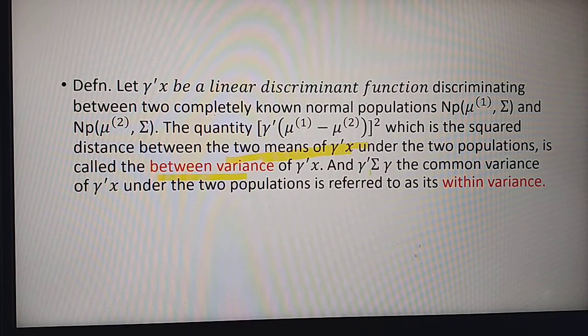And gamma prime sigma gamma, the common variance of gamma prime x under the two populations, is referred to as its within variance. So this definition gives what is the between variance and what is the within variance.